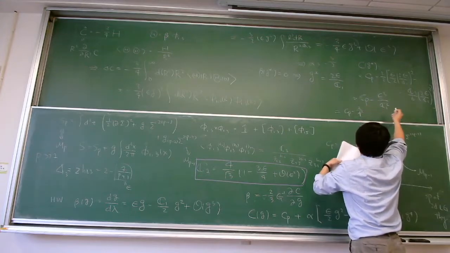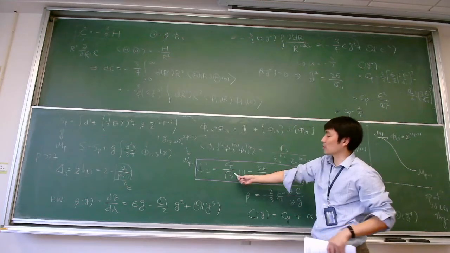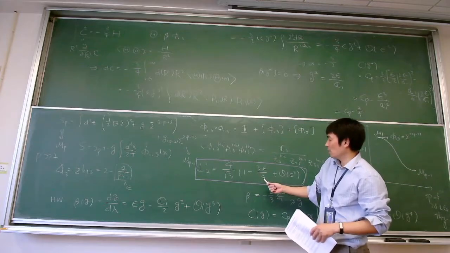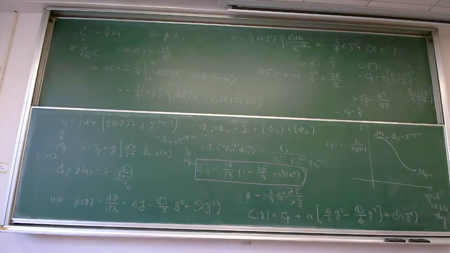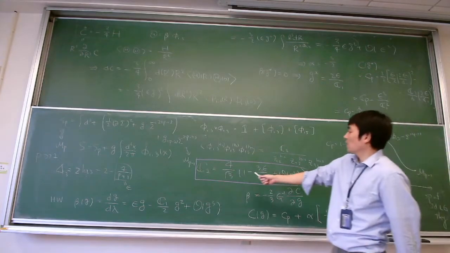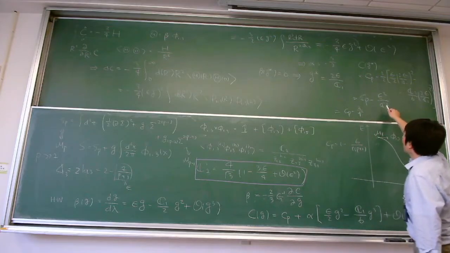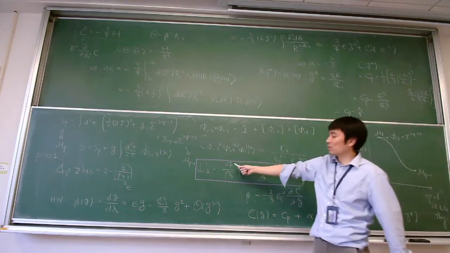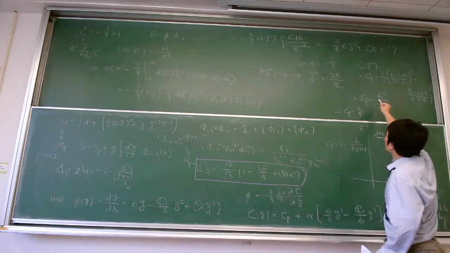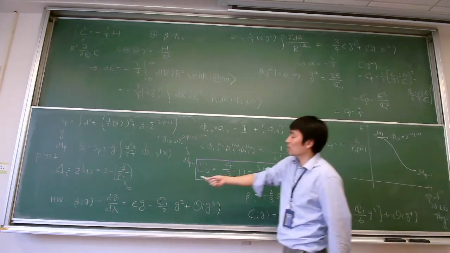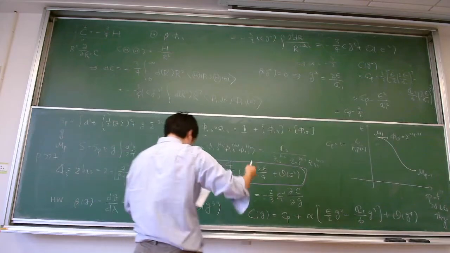Yeah, 3 over 4 square is the leading term of this one. 1/c1 square, the leading term is this way, and e cube is this one. So you just plug this one into here.